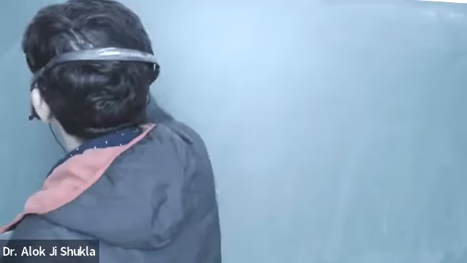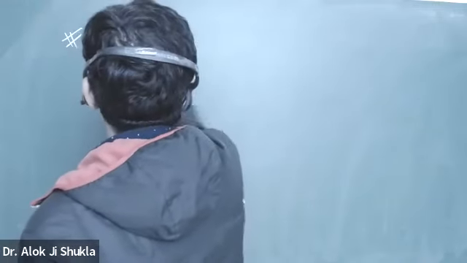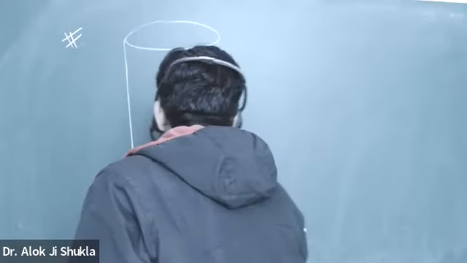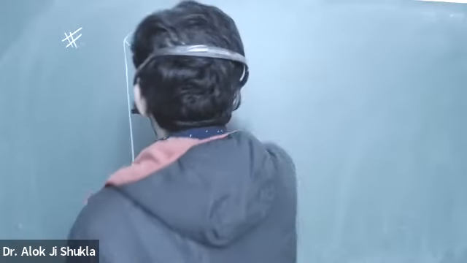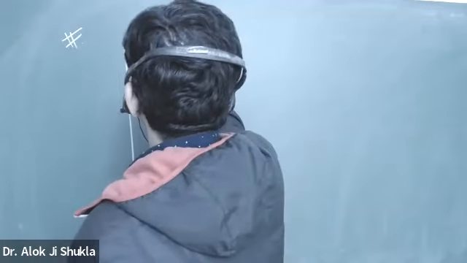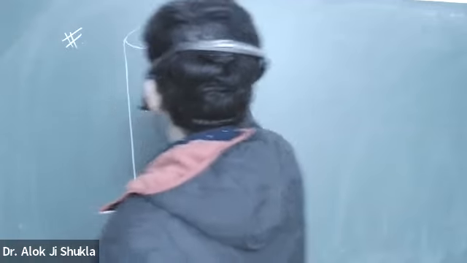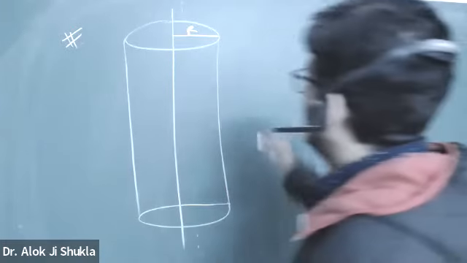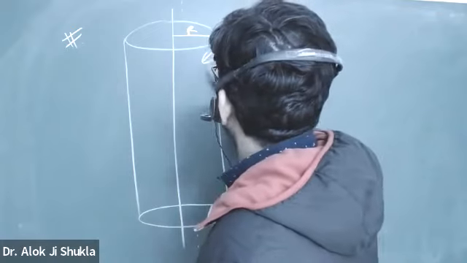If you need a surface, then you take a long thick wire, like this. Suppose it has radius capital R and charge density rho.